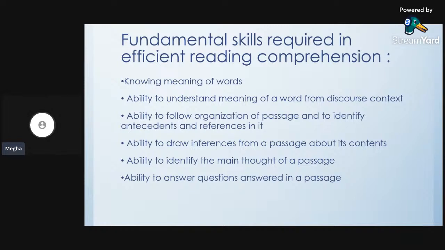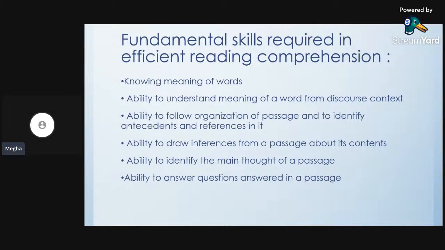Ability to follow the organization of a passage and to identify antecedents and references in it. When a passage is given to you, it will be in a certain order, right? These reading comprehension questions are also asked in higher level exams, government recruitment exams, banking exams like IBPS, or even KPSC and IAS.